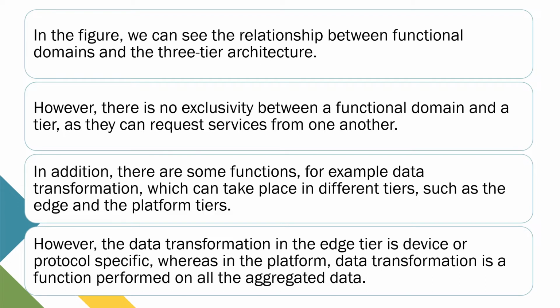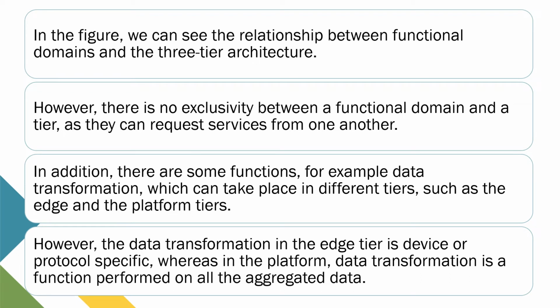Sometimes it can be in between the edge tier and platform tier, and sometimes from platform tier to the enterprise tier. Other than that, there are also some functions, for example data transformation, that can take place in different tiers also. It is not between the edge and platform tiers only.